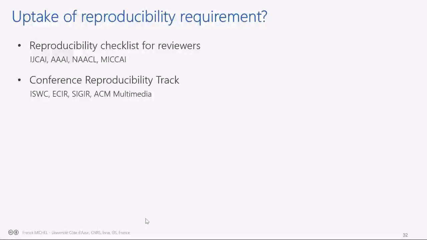Now, in many conferences, you can find a reproducibility track. So when you submit a paper to a research track in a conference, you can also register to the reproducibility track saying, okay, I'm confident enough, and I think my work is reproducible. That exists in some conferences, not every time.